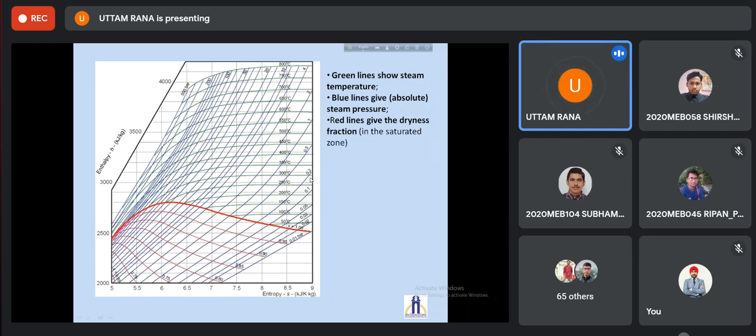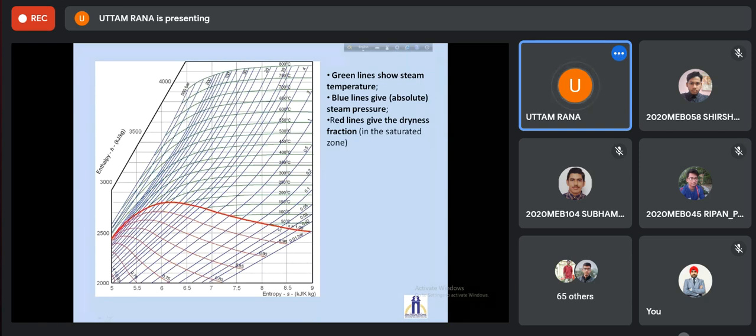The blue lines give the absolute steam pressure. So these are the pressure lines: 0.1 bar, 0.2 bar, 0.3 bar, 0.05 bar, 0.01, 0.02, and so on, up to 500 bars, as shown here.